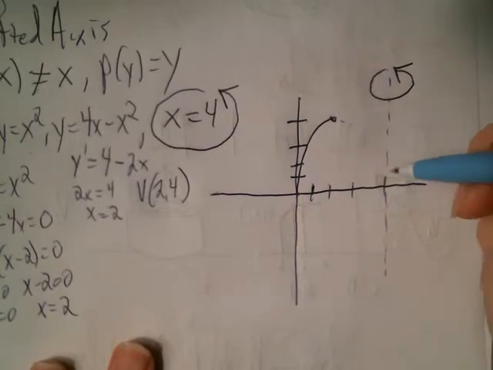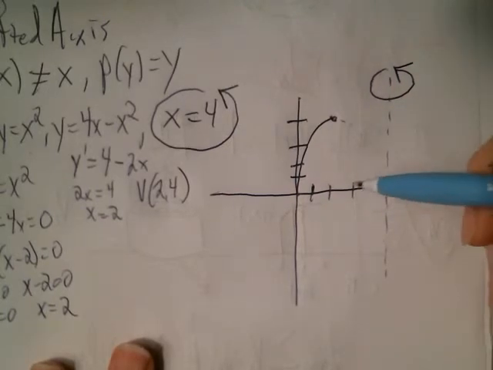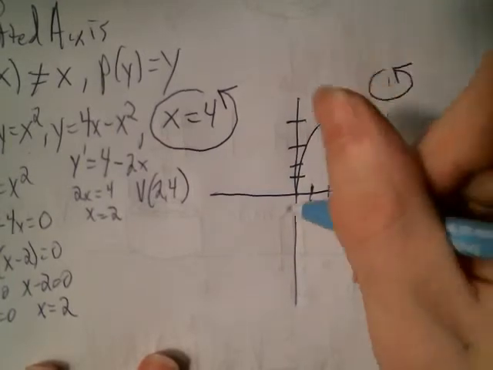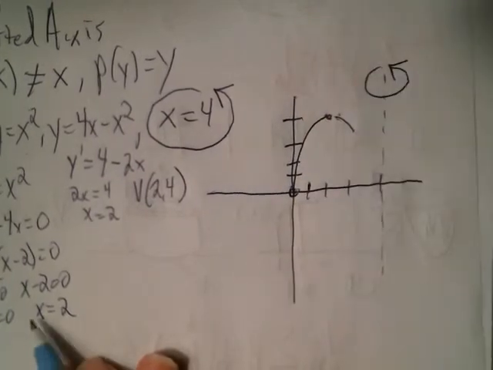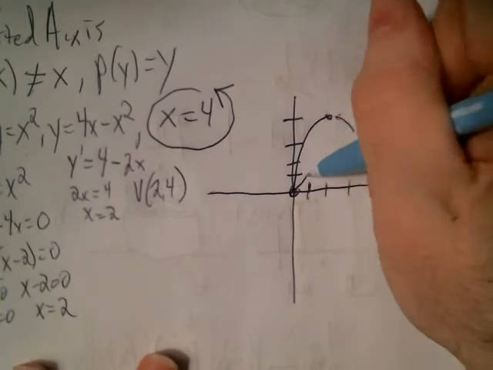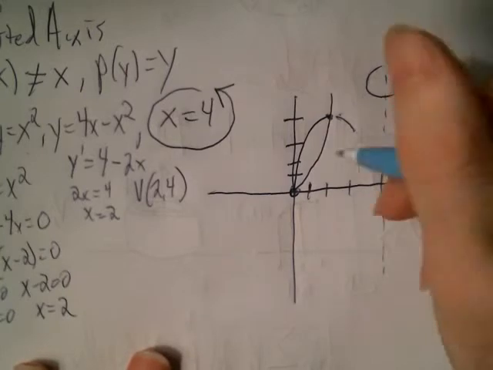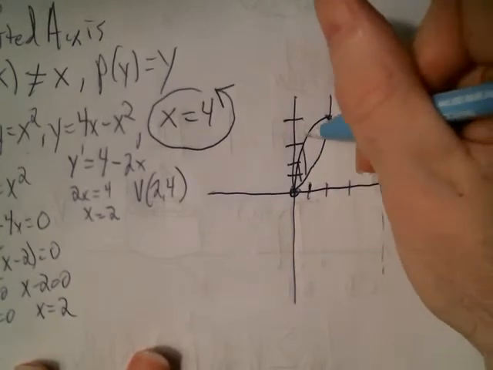And then it's going to go do something else, but we don't need that whole thing. We just need the region where they intersect. The intersection points are (0, 0) and (2, 4), so it's going like that. Anyways, this is the region at the end of the day.